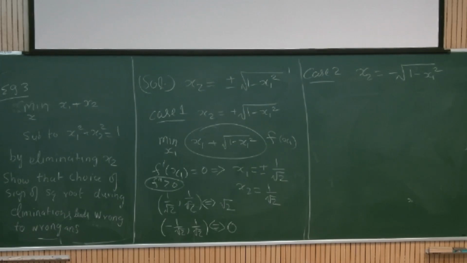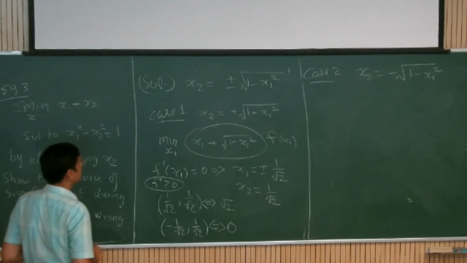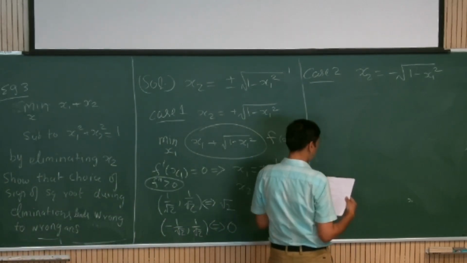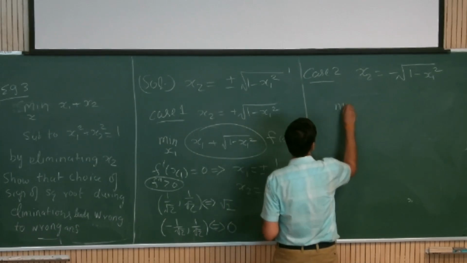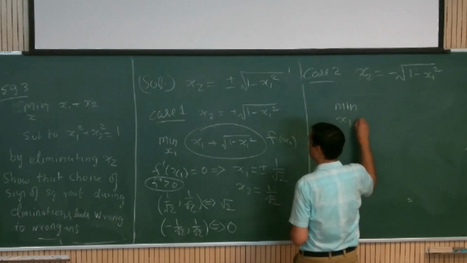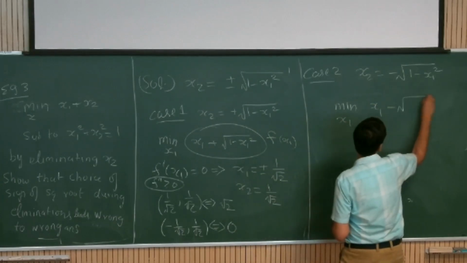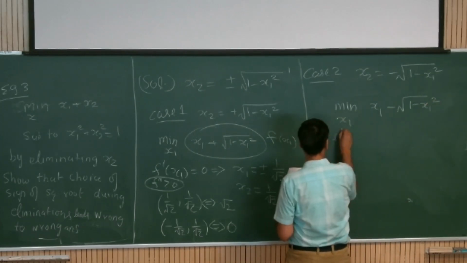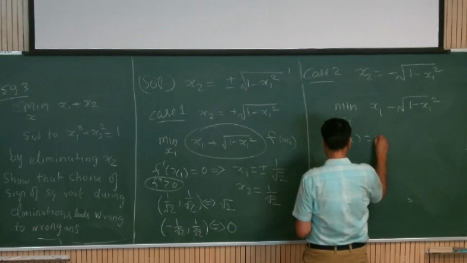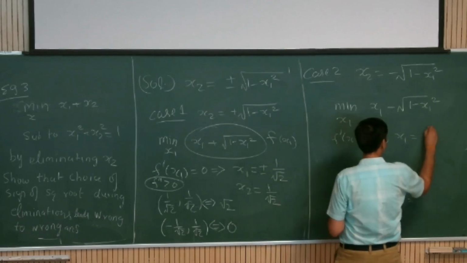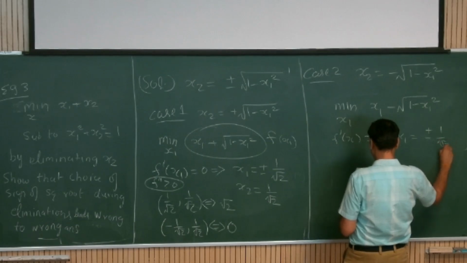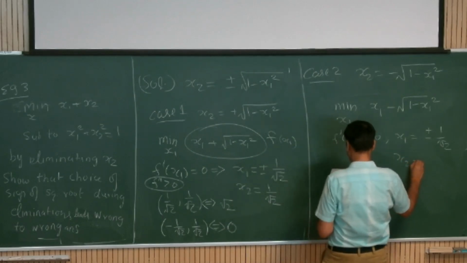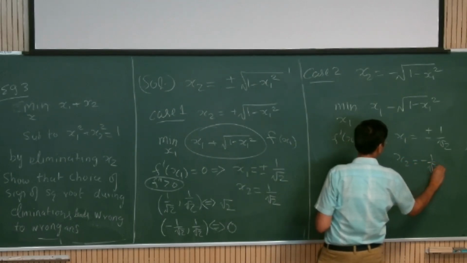Okay. What do we get in this case? Once I differentiate this, my function becomes minimize x1 minus square root of 1 minus x1 square, and then you make f prime of x equal to 0. Then you get x1 is equal to again plus or minus 1 over square root 2, and then x2 is equal to minus 1 over square root 2.